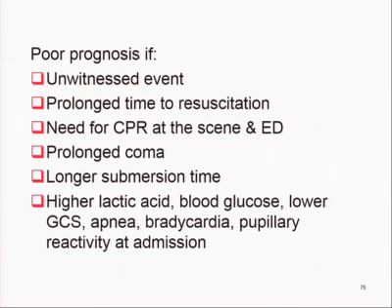So you can have a poor prognosis if the event is unwitnessed, you have a prolonged time to resuscitation, there's a need for CPR at the scene which continues into the emergency department, prolonged coma, longer submersion times, higher lactic acid, blood glucose, lowered Glasgow Coma score, apnea, bradycardia, pupillary reactivity at the time of admission.